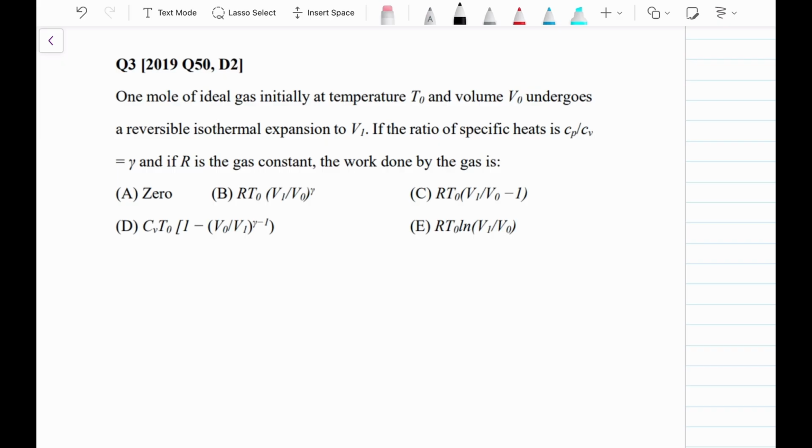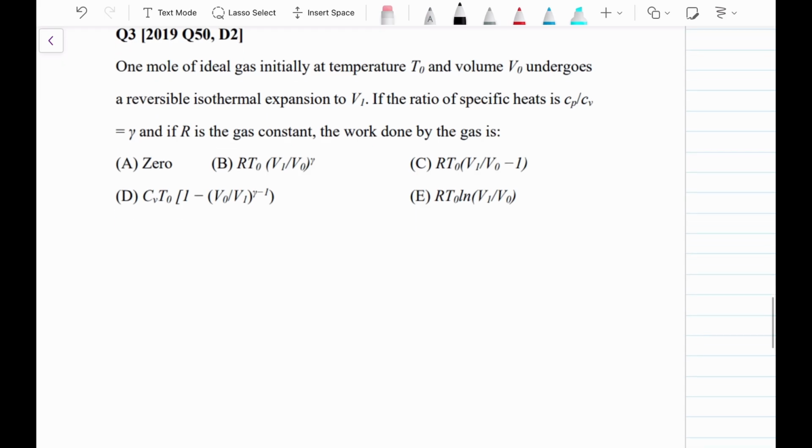So the question wants us to derive the work done by the gas in that isothermal expansion. In order to calculate work done, we need to use a bit of integration, and to use integration we need the function of such graph.